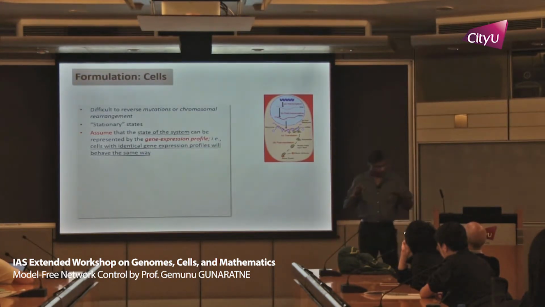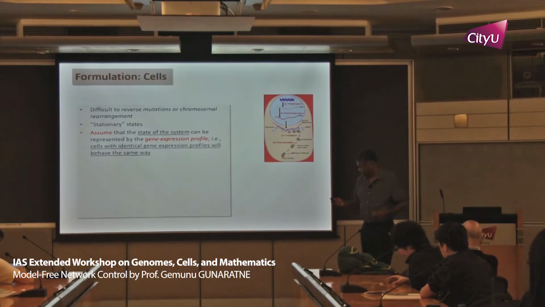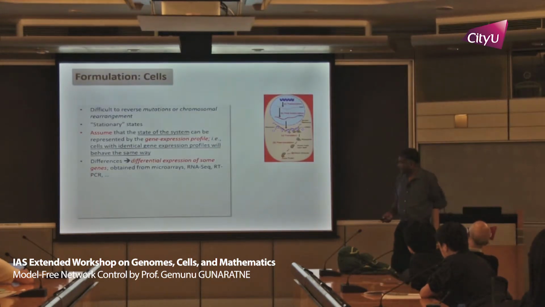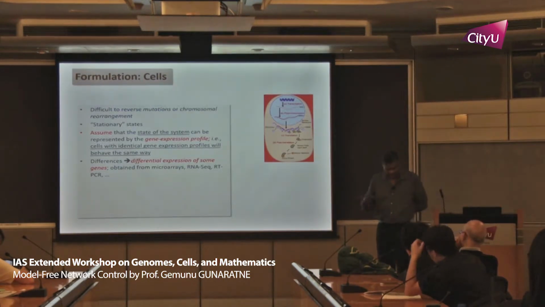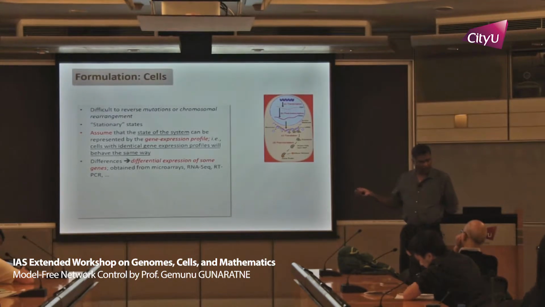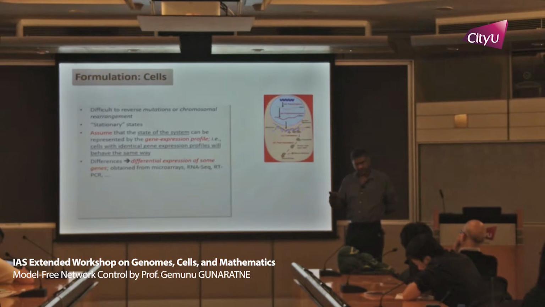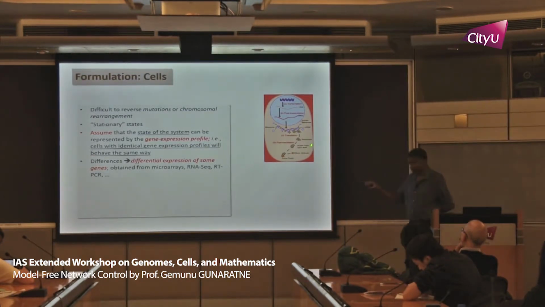So again, I'm approximating this already by assuming that the stationary states can somehow give a sense of what the defects in the cells are. So differences between the behavior of the cells will be associated with differences in the concentrations of genes.